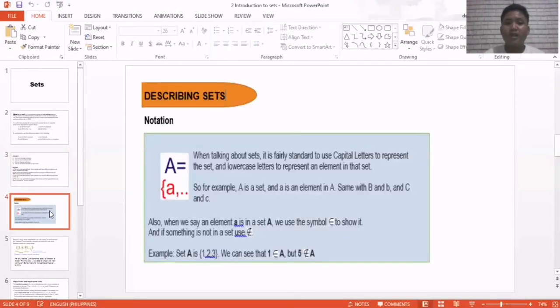Next, let's proceed with describing sets. Notation. When talking about sets, it is fairly standard to use capital letters to represent the set and lowercase letters to represent an element in the set.